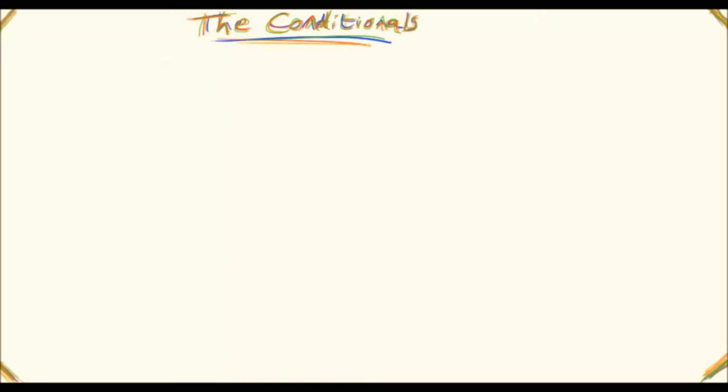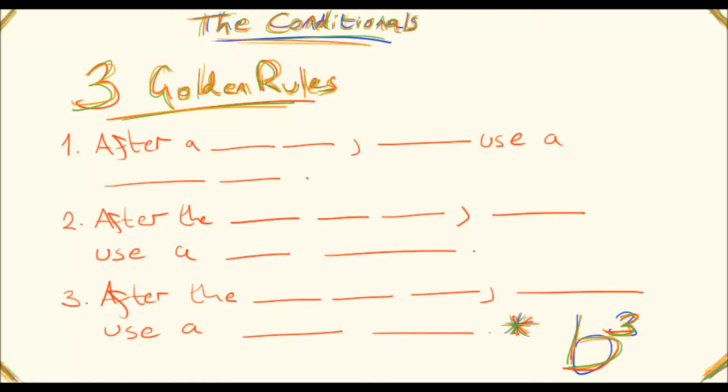But before we do that, I just want to return and have a quick revision of our 3 golden rules that we saw in lesson number 1. Can you remember what number 1 was? After a modal verb, we always use a, what do we use after a modal verb?